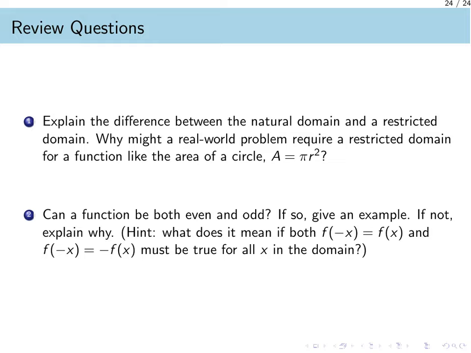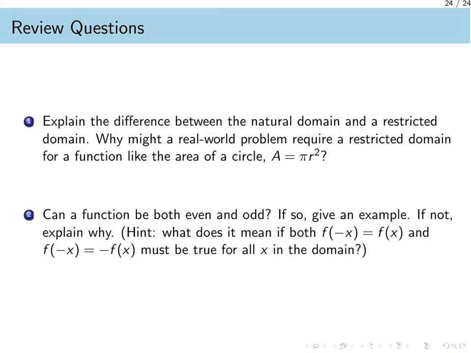A function's natural domain includes every possible input value for which its formula produces a valid, real number output. In contrast, a restricted domain is one we deliberately limit to fit the specific constraints of a problem. For a concrete example, take the area of a circle, given by the formula A equals pi times r squared.